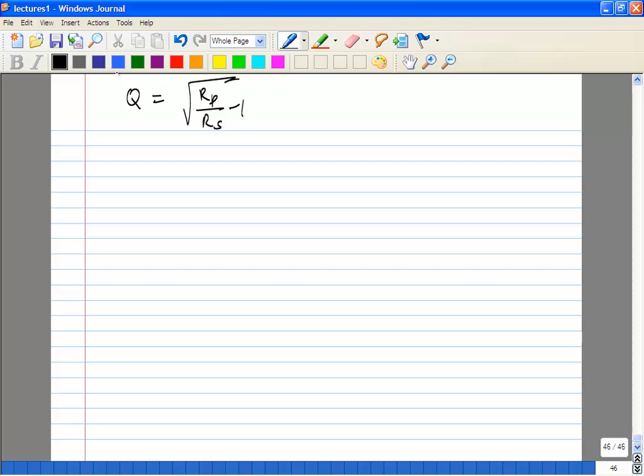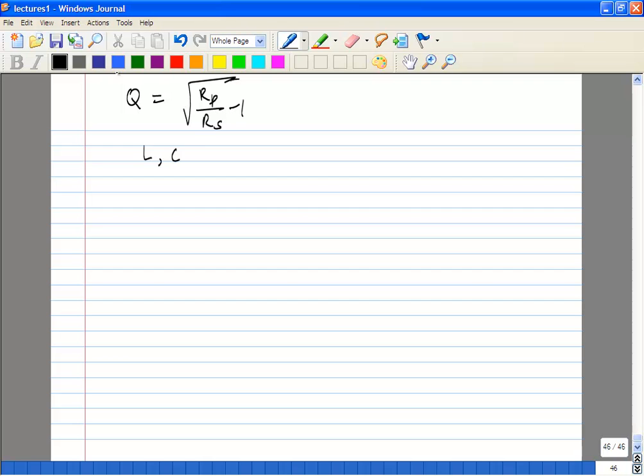Okay? So that means the bandwidth of your match and so on are all fixed, right? But you don't want that. You want to independently control Q, because you may have requirements on how narrow band you want your match to be, right?